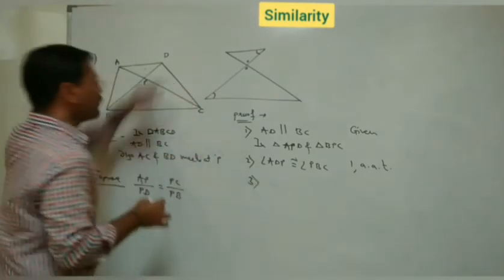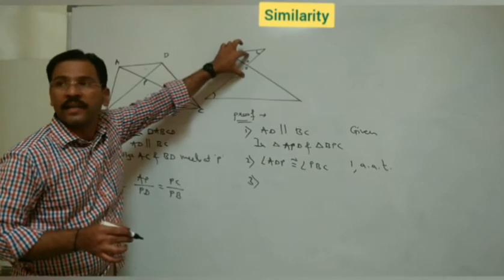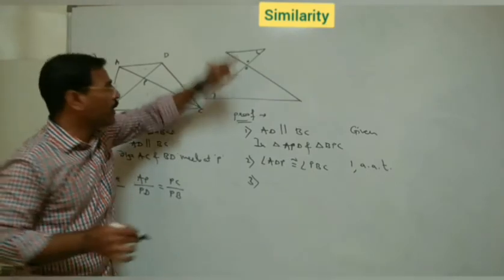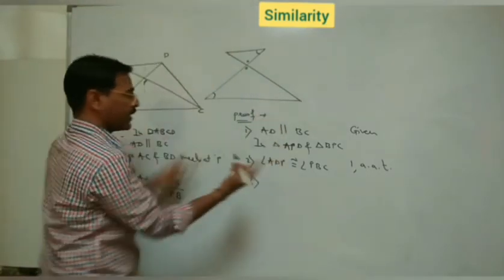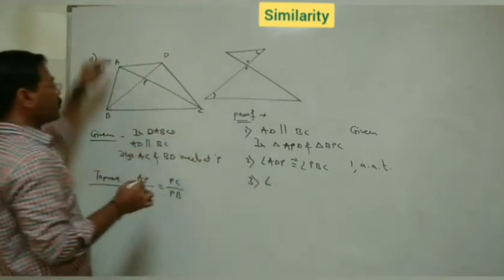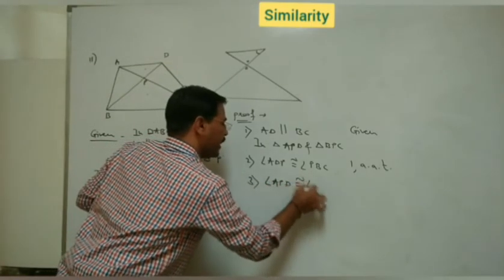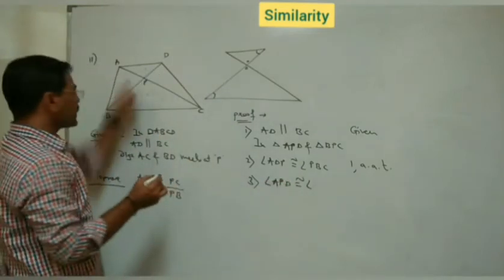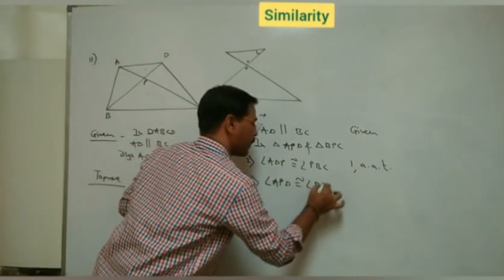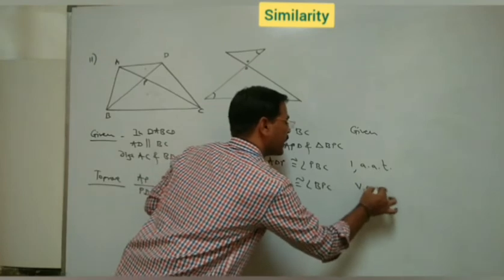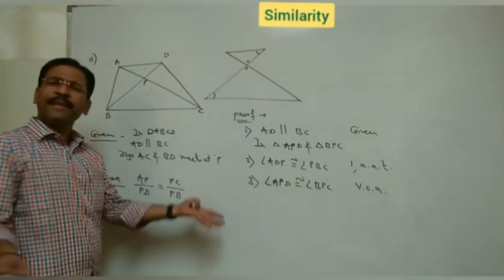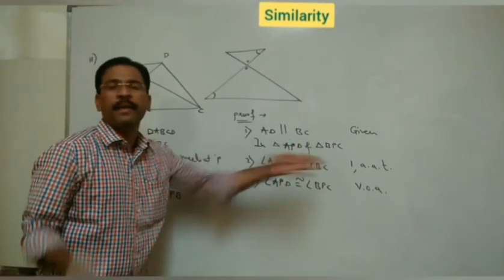One more angle, which is obviously vertically opposite angle. You may take these two also, anything. So I'll write vertically opposite angle APD congruent to this side BPC. Okay, this is vertically opposite angle. By these two steps, these two triangles now become similar.